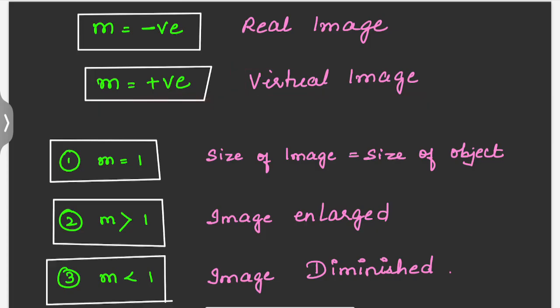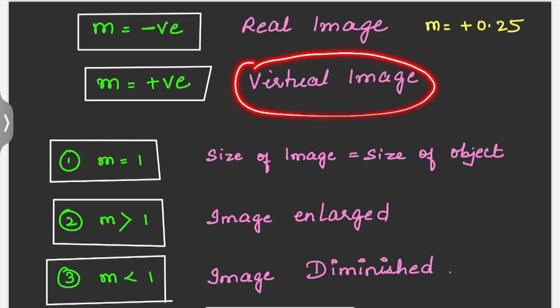For example, while calculating, if you get the m value as m is equal to plus 0.25, you can see that a plus sign is present. So this indicates that a virtual image is formed.